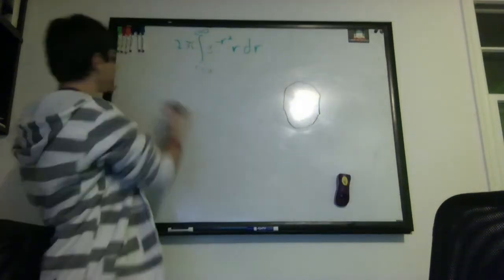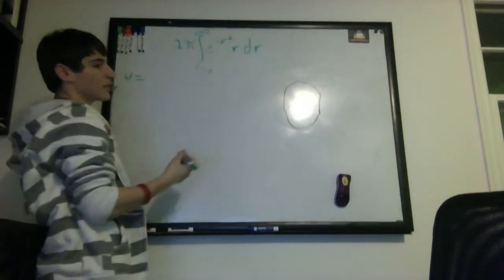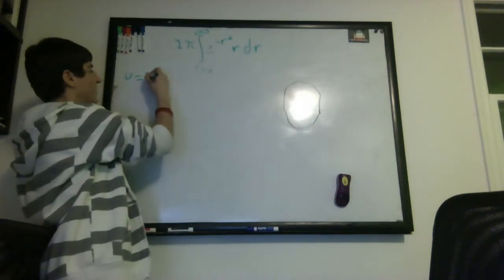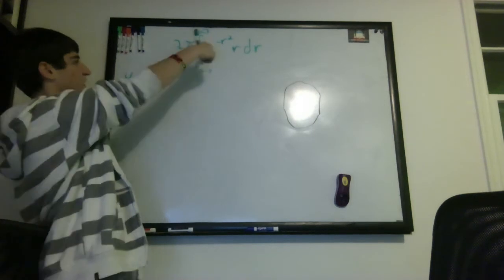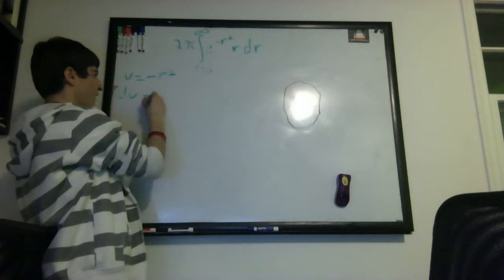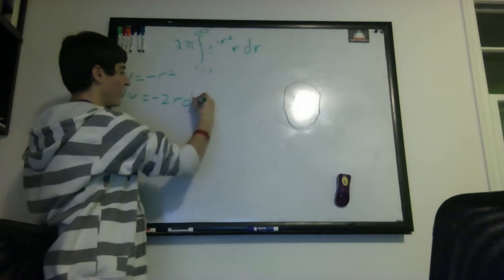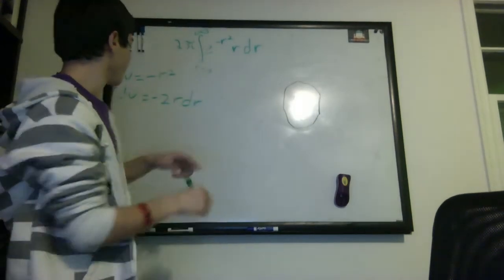I'm going to say u is equal to, well, if we have e to the u, the integral of e to the u is e to the u. So that'll be useful. So we're going to say u equals minus r squared. That way we're just going to have e to the u. So du is equal to minus 2r dr. And we do have a 2 and an r.